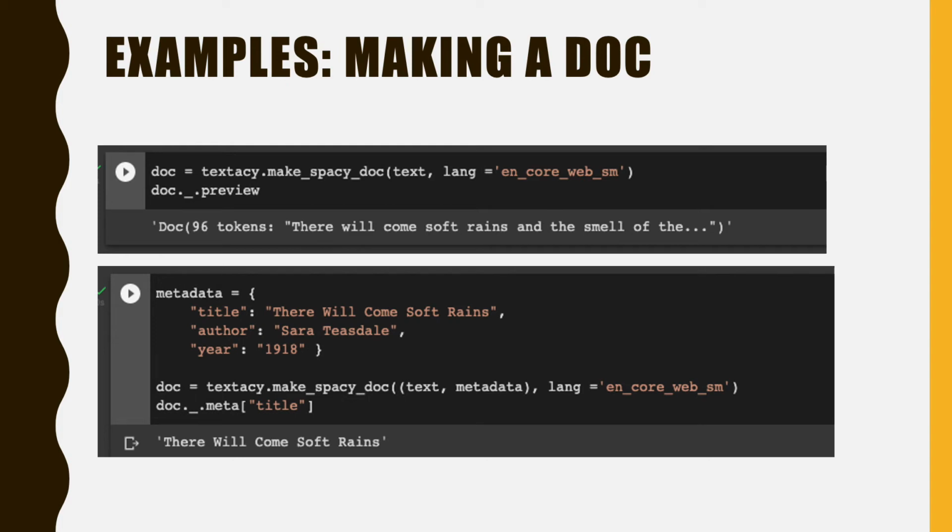It did take some research to figure out that not all versions of spaCy are compatible with TextaCy, and I'm not sure if I was running into this issue because I was using Google Colab or what exactly the cause was, but I did have to downgrade spaCy to an earlier version in order to work correctly with TextaCy.